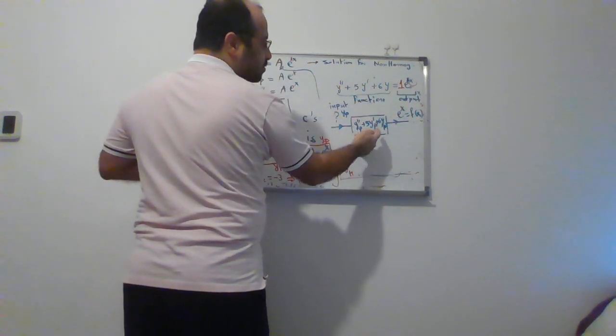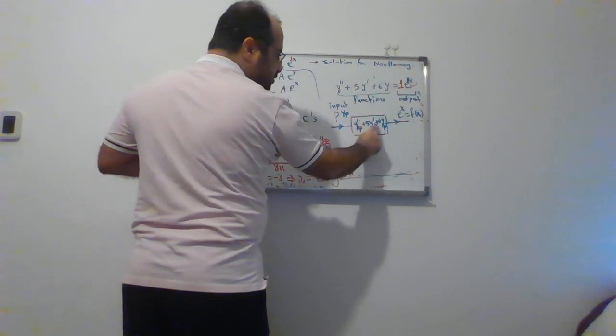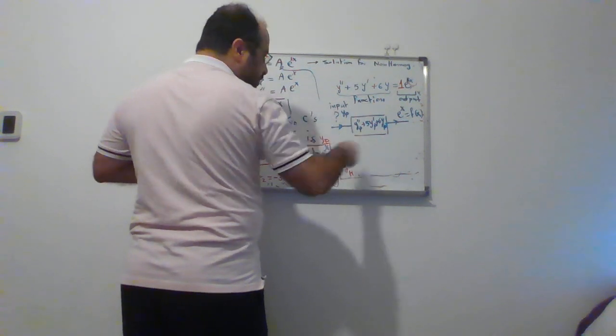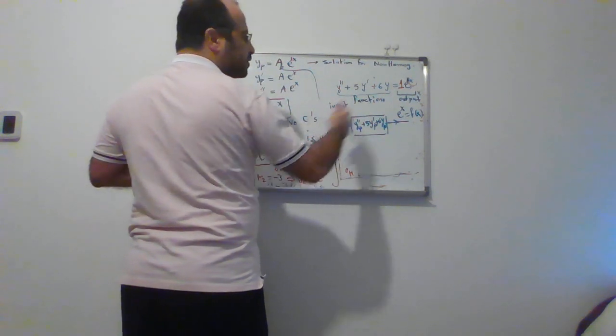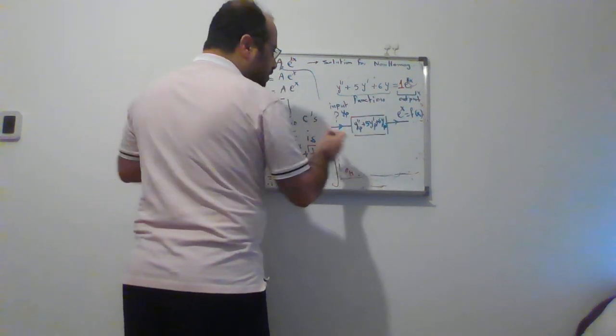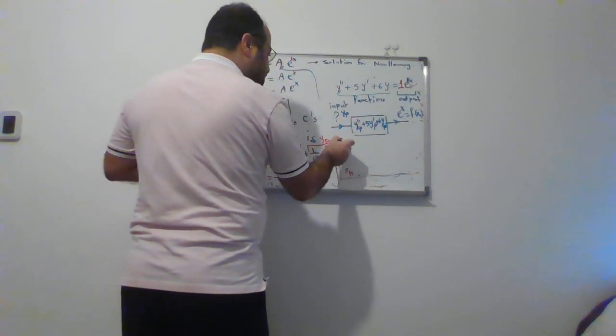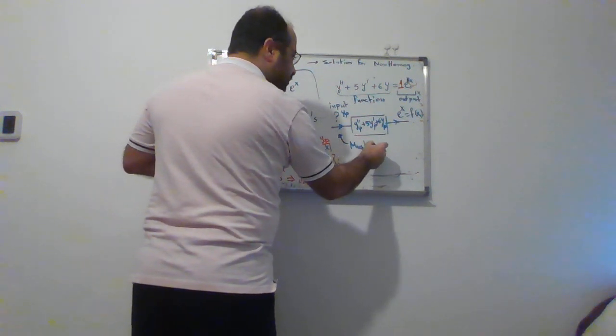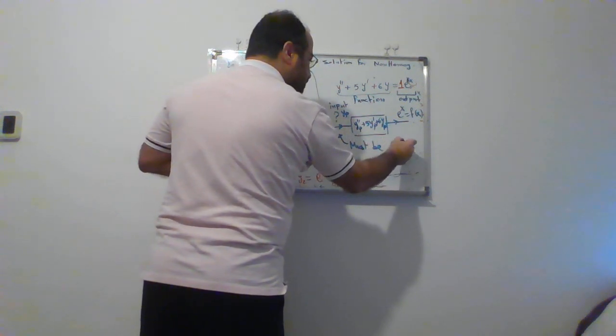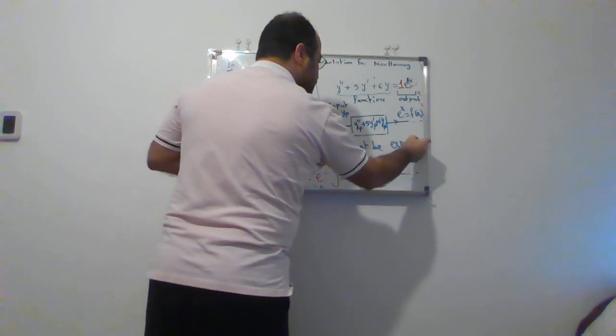So it seems to me that you need to start with an exponential, so that when you differentiate it and add it to itself or a multiple of itself, you will get an exponential. So the only solution here must be exponential.